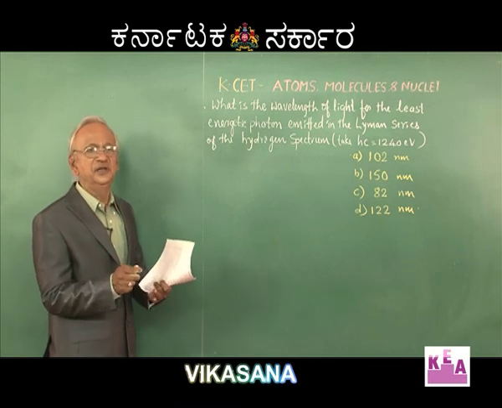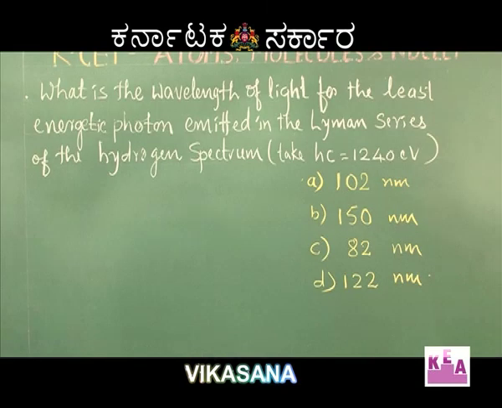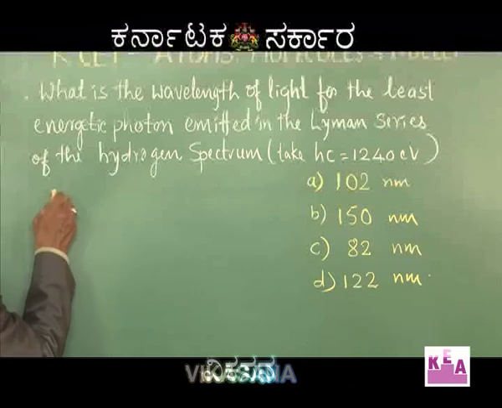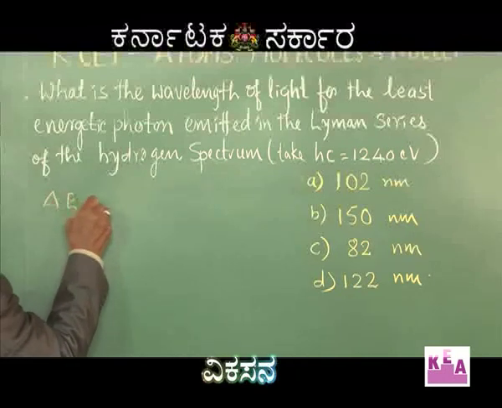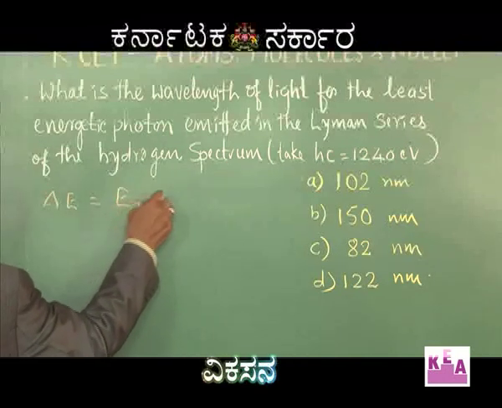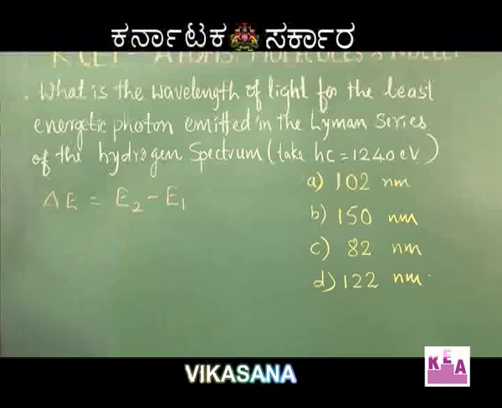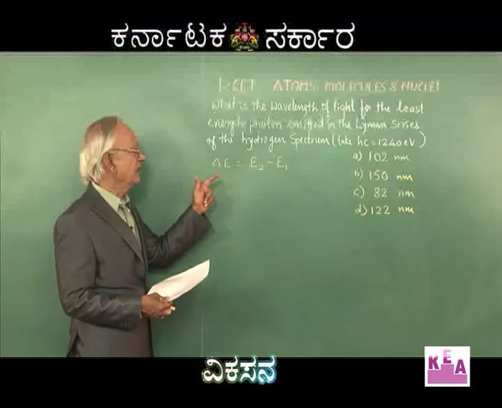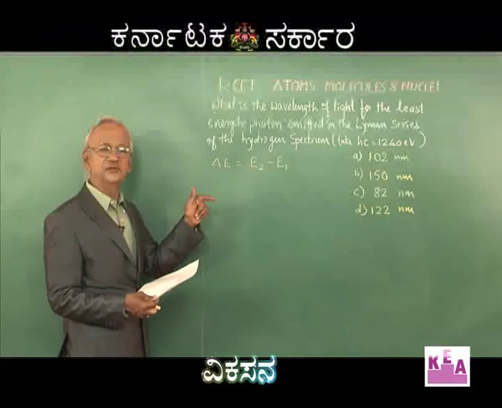So, like that you have to first fix the values of principal quantum number, and then they have asked you to find out the wavelength of the light. So, again let me write this. See, energy emitted, I would write delta E is equal to E2 minus E1. So, you have to recall the energy of the electron in the second orbit and first orbit of hydrogen atom.